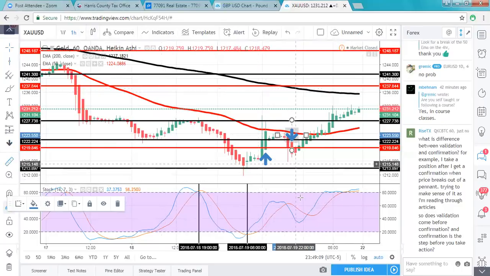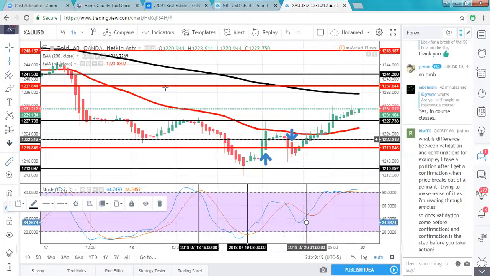And then you have this cross here for the buy again. And the next candlestick, you have your flat.